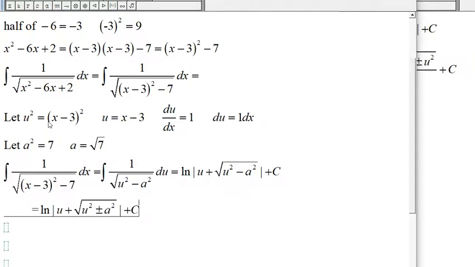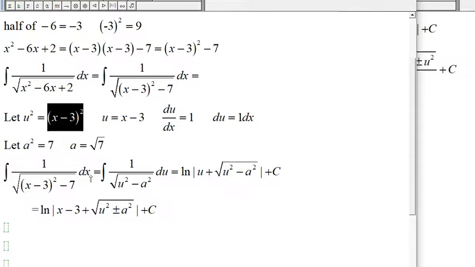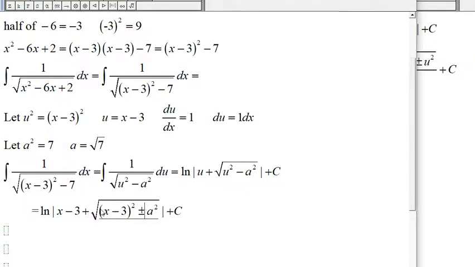And then in the place of u, we have x minus 3. And then u squared is x minus 3 squared. And then a squared is 7, and we're doing minus a squared, which is 7. And then plus C, so this is the answer.